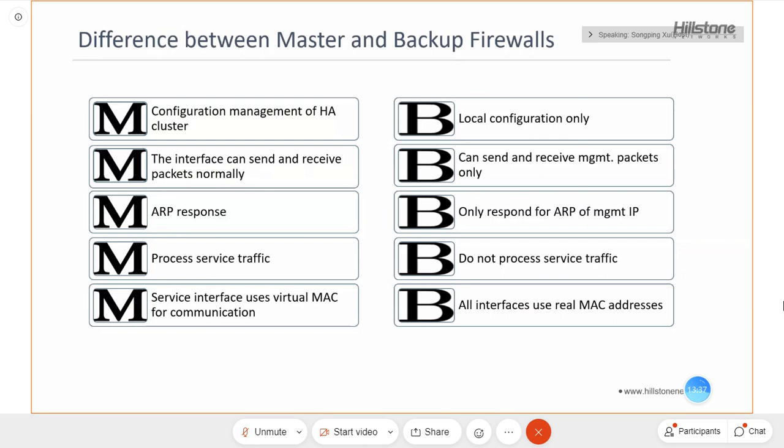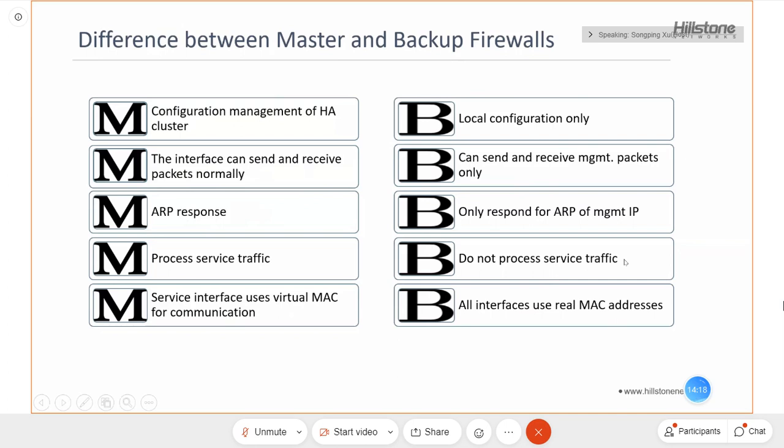The backup only sends and receives management and heartbeat packets between the master and backup, or its self-management. The master will help to do the ARP response, and the backup only responds to the ARP of the management IP. The master device will process all the service traffic, and the backup will not process any service traffic.